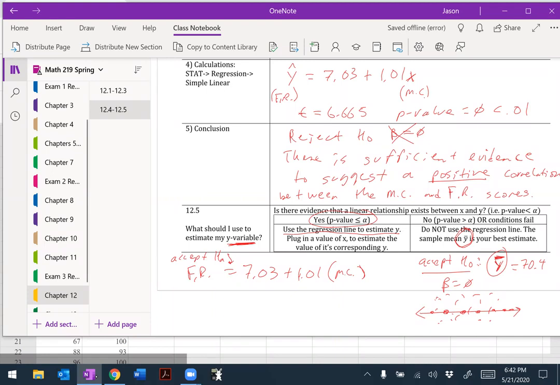That's our best attempt at estimating my y variable. If beta is not equal to 0, then we just go with the regression equation. That's how we get y, and that'll do it for us.